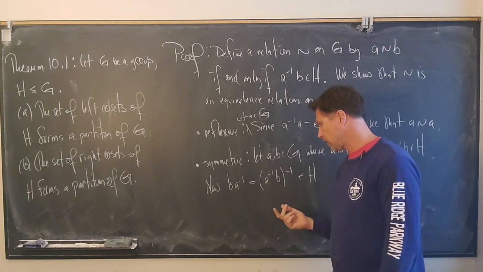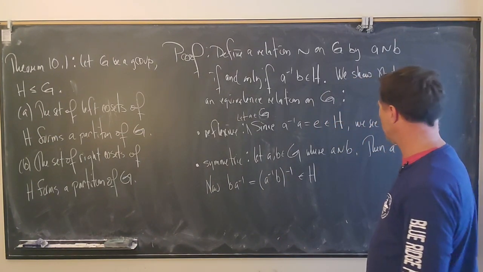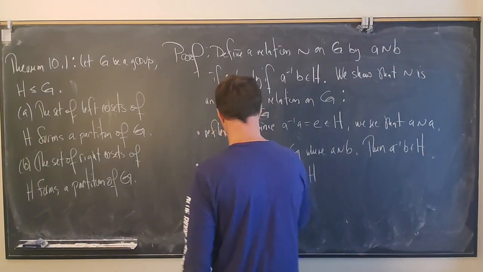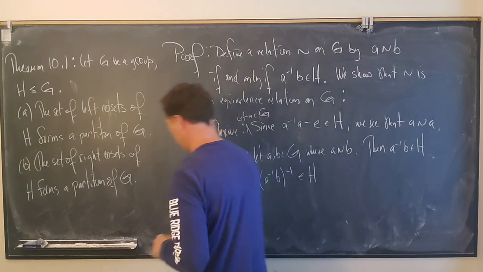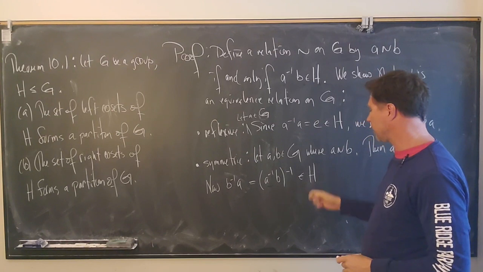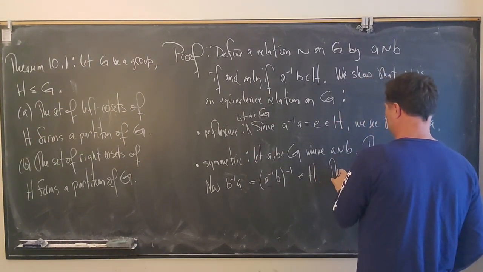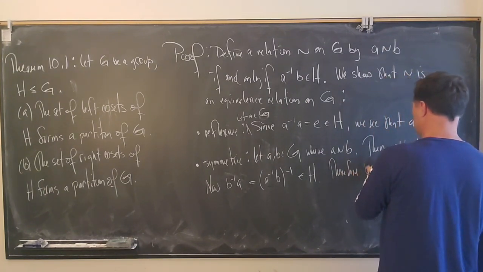Whoops, I just wrote that ridiculously. So now B inverse A is equal to A inverse B all inverted, and that's definitely an element of H. So therefore, B tilde A.